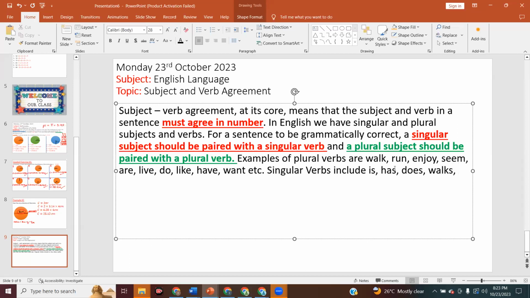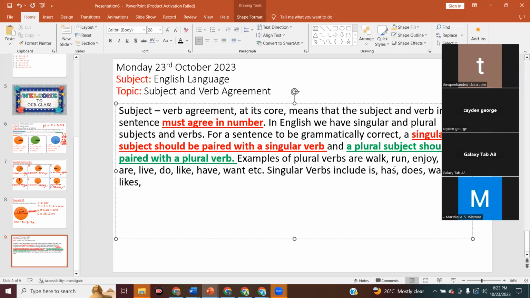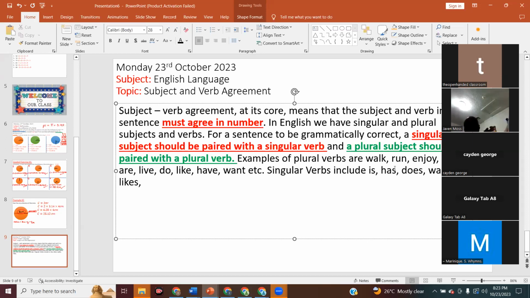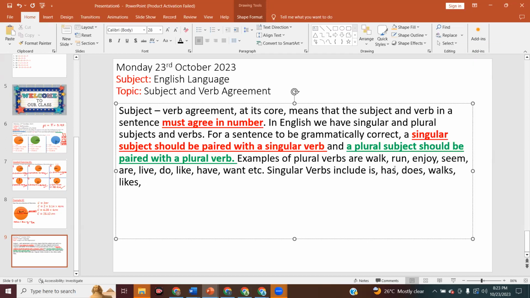And for like, it would be what? Likes. For want, it would be what? Wants, very good. For run, it would be what? Runs, very good. For enjoy, it would be what? Enjoys, very good.